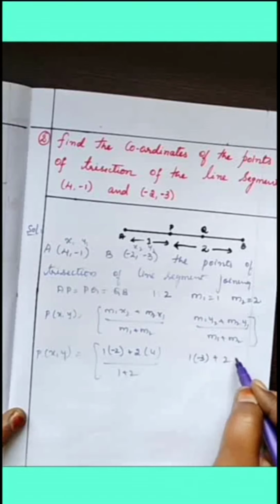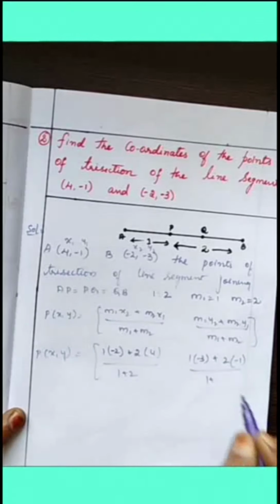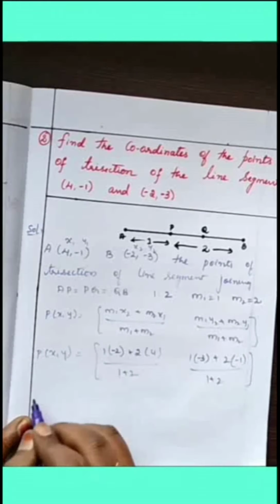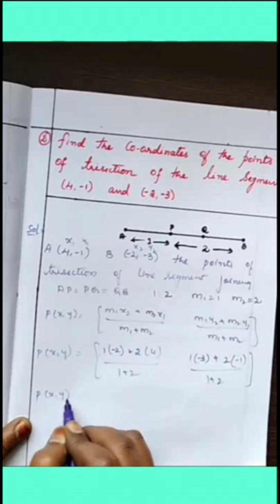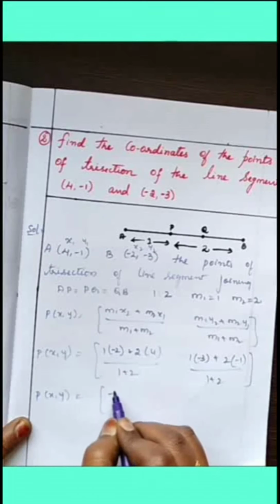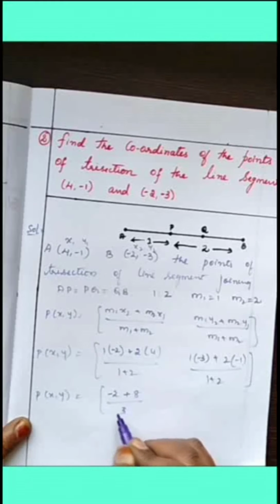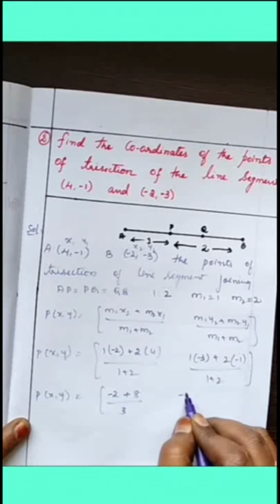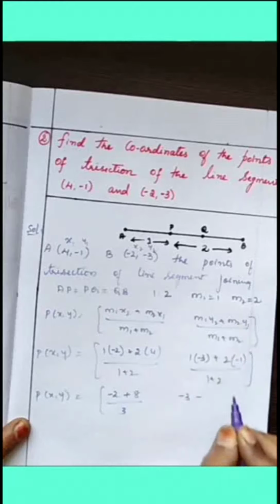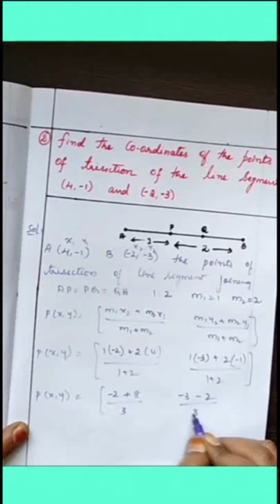Next, m2 value is 2, y1 value is -1, divided by 1 plus 2. Next, P of x, y equal to (1 times -2 is -2, plus 2 times 4 is 8) by 3, and (1 times -3 is -3, plus 2 times -1 is -2) by 3.